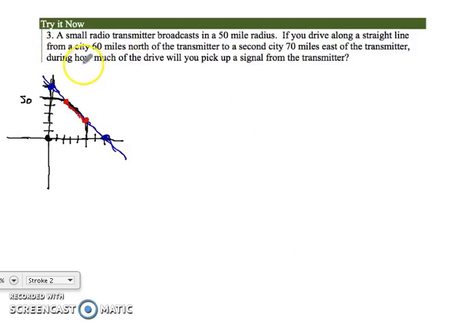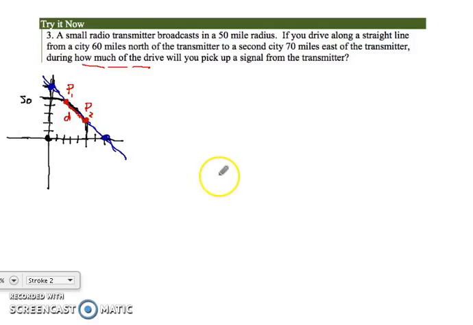Now it says how much of the drive. Okay, what they're saying is what's the distance between these 2 points. We'll call that point 1 and point 2. So the short answer is if I just knew those coordinates, I could use the distance formula. And that's all well and good.